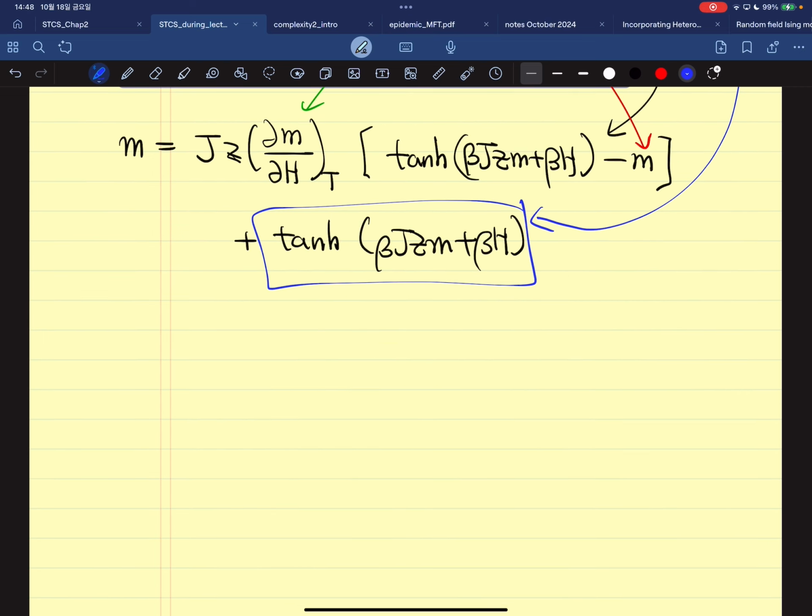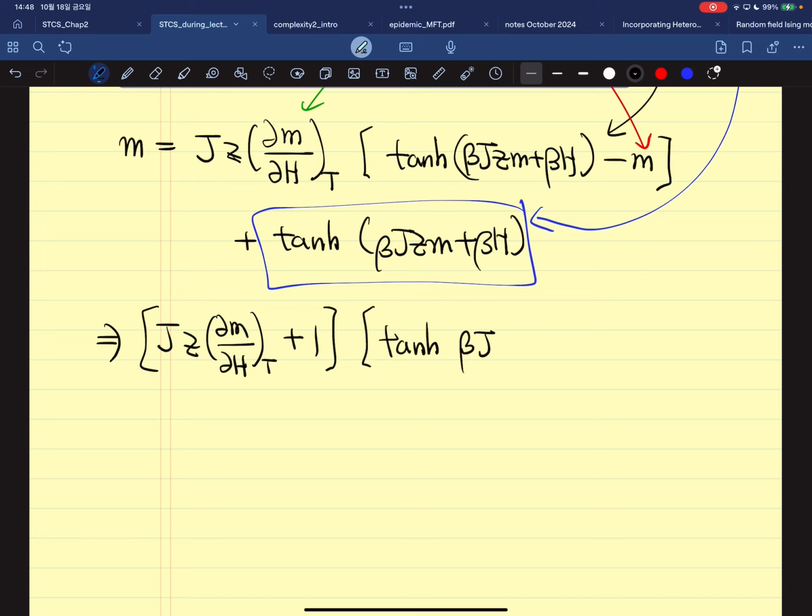Then, if we carefully rearrange this, we can write this term as J times (T plus 1), and (one minus m) would be 0.